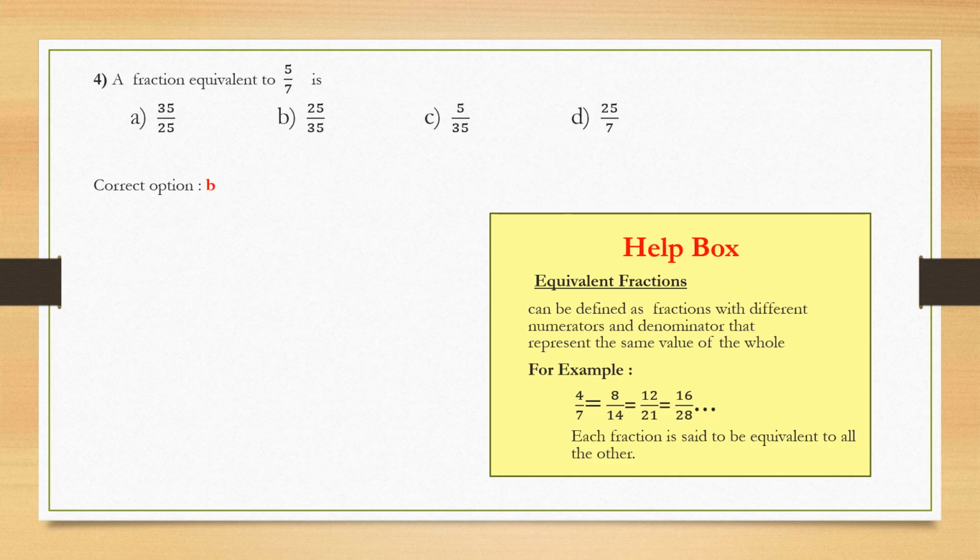Why? 5 fives are 25, and if I multiply the same number with the denominator, 7 fives are 35. So the equivalent fraction to 5 upon 7 will be your option B, 25 upon 35. Next.